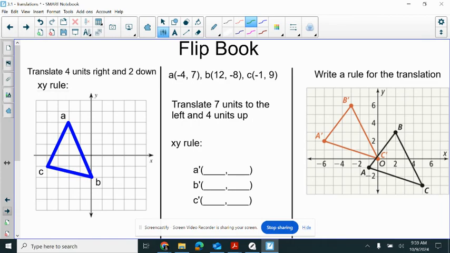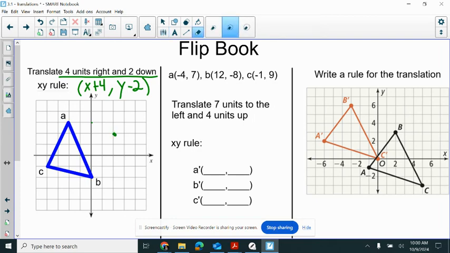Doing this on a graph, if I give you an example: translate 4 units to the right and 2 down. First, I think about what my XY rule is. That would be X plus 4, Y minus 2. From each point, I'm going to go 4 right and 2 down. If I start at A, I go 1, 2, 3, 4 to the right, 1, 2 down.